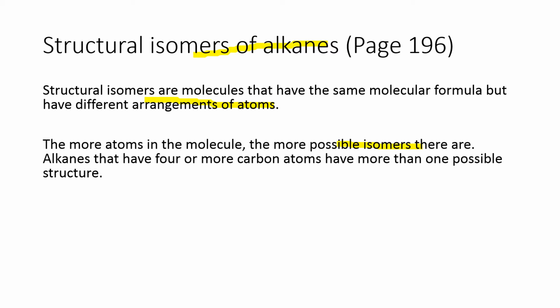So it says here, based on the second paragraph, the more atoms in the molecule, the more possible isomers there are. Alkanes that have 4 or more carbon atoms have more than one possible structure, which means that if you're talking about an alkane that has 3 or fewer carbons, it does not have any structural isomers. For example, if you look at methane, which has only 1 carbon, CH4 will always remain CH4.